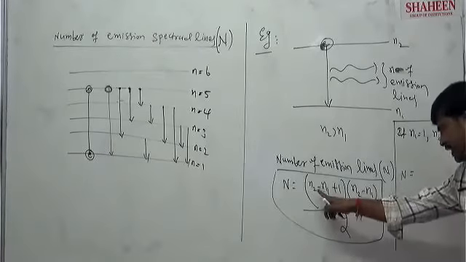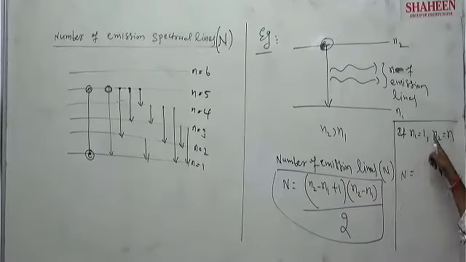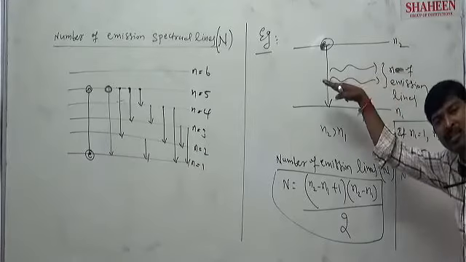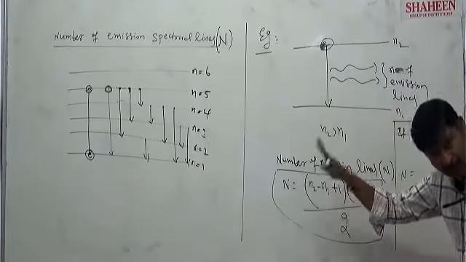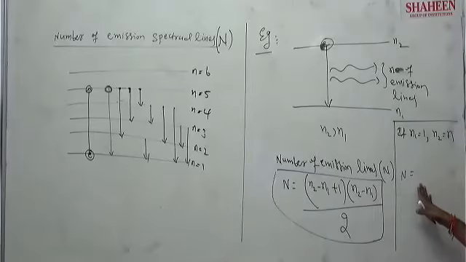Are you getting it? I will explain once again. N1 is 1, N2 is n. That means the electron is jumping from a higher energy level directly to the ground state. For that, this is the direct formula.